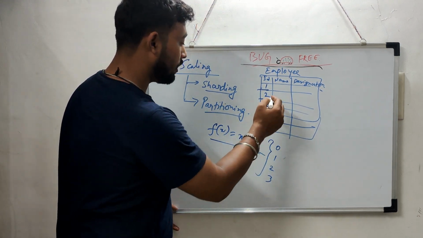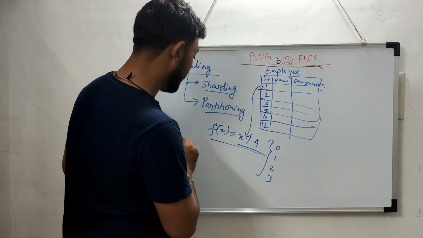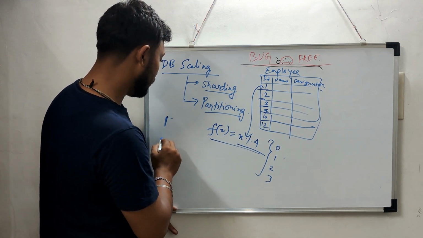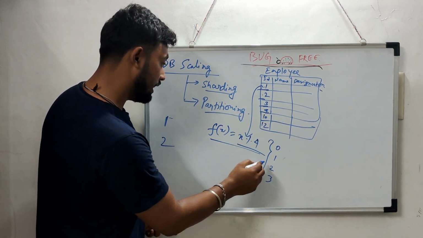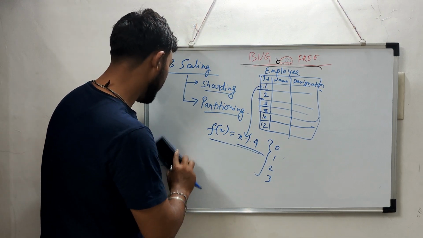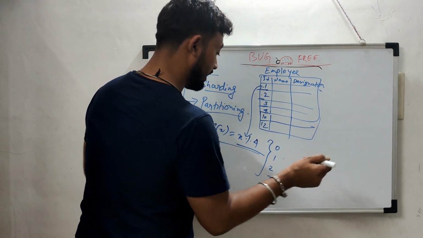So when we put 1 as x, the value will become 1. When we put 2, it becomes 2. 3 will go to 3, right? Instead of writing it here, let me write it down here so that it can be understood easily. So these are the partition keys.